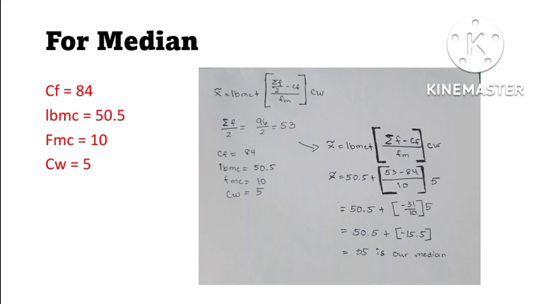First, 53 minus 84 is negative 31. Negative 31 divided by 10 is negative 3.1. Negative 3.1 times 5 is negative 15.5. 50.5 plus negative 15.5 is equal to 35. Therefore, 35 is our median.